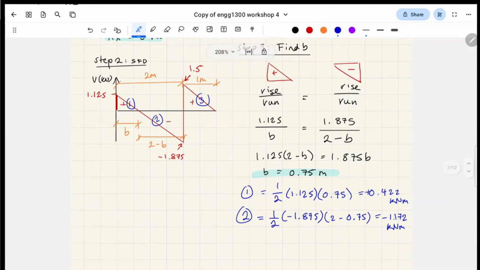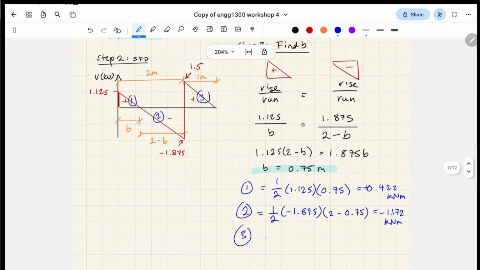And lastly, our shape 3 here is half of 1.5 and 1. That one's not problematic at all, it's just 0.75 kilonewton meters. That's that triangle there. Any questions so far? Is that okay?